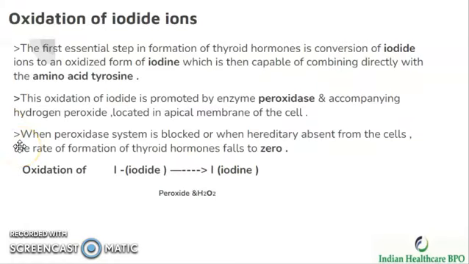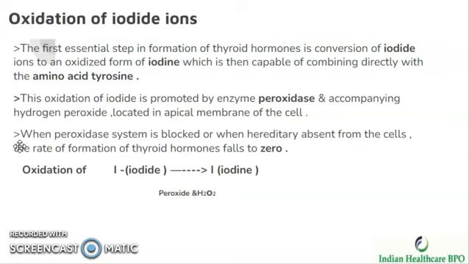Then oxidation of iodide ions. The first essential step in formation of thyroid hormone is conversion of iodide ions to an oxidized form of iodine, which is then capable of combining directly with the amino acid tyrosine.